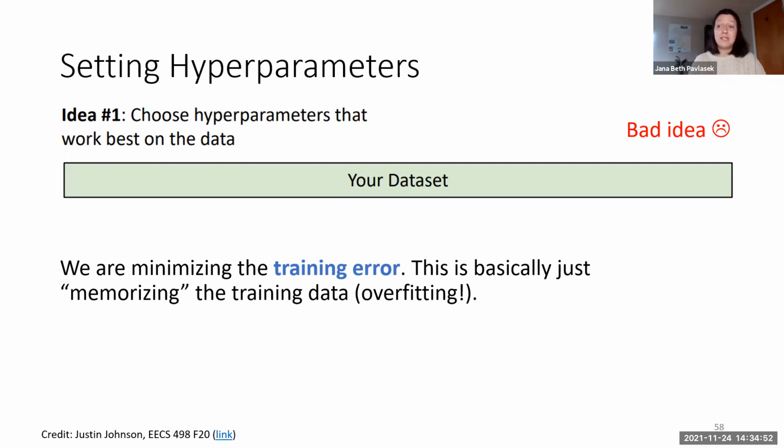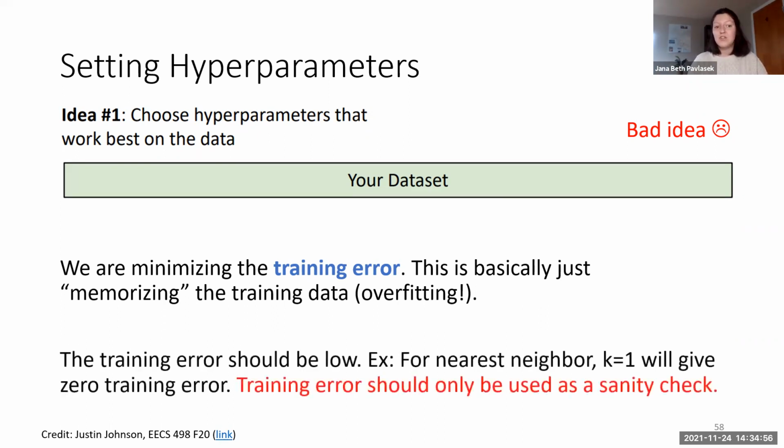For nearest neighbors, k equal to 1 should actually give us 0 training error, right? If we take a training image and do prediction using our training set, that training image is going to have distance 0 to itself in our training set. So whenever we do a prediction, it's going to be closest to itself, so it's going to get predicted with its own label.